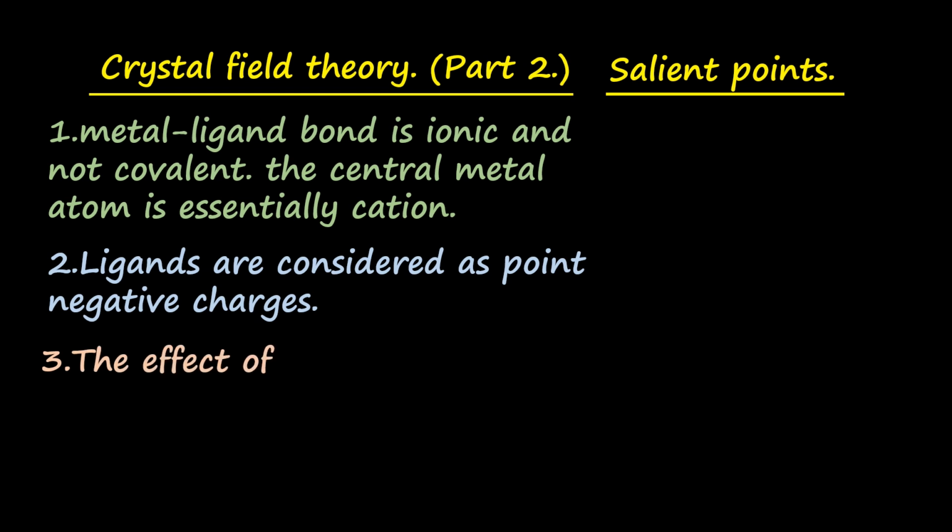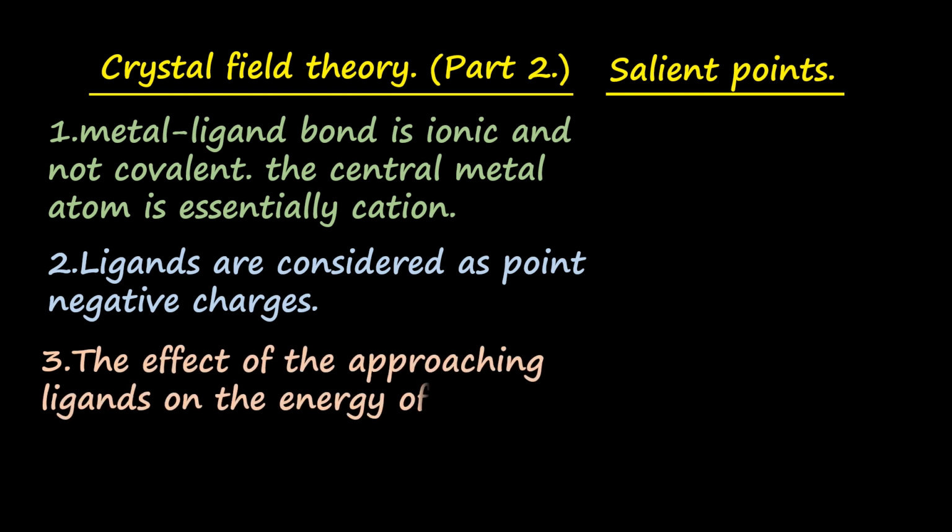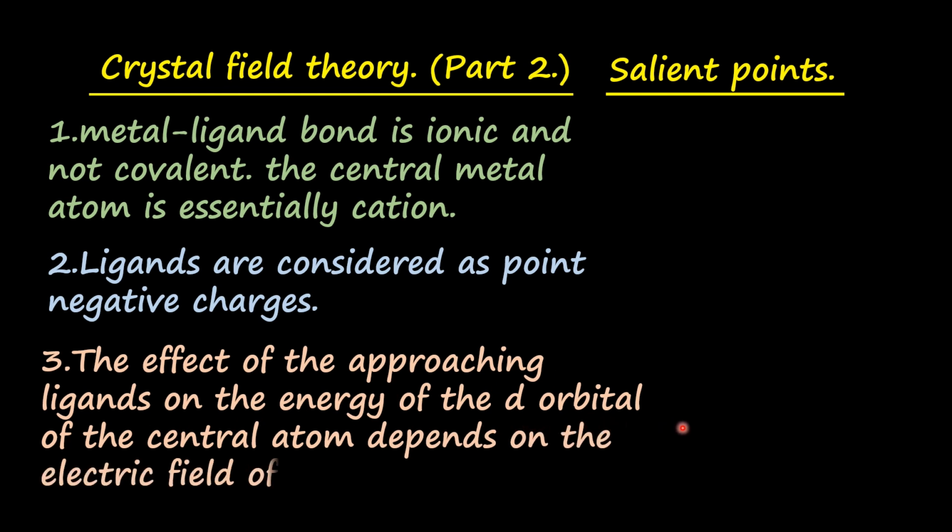Thirdly, the effect of the approaching ligands on the energy of the d orbital of the central atom depends on the electric field of the former. That is, the electric field of the ligand. Different anions and polar molecules will have different electric fields.